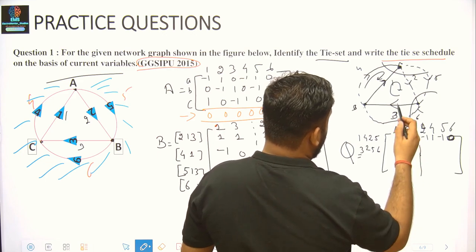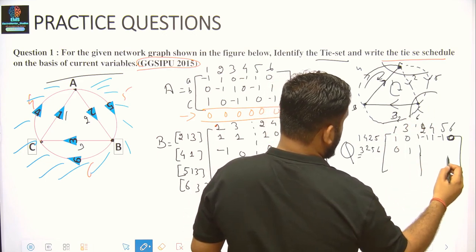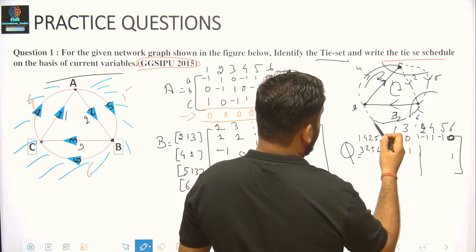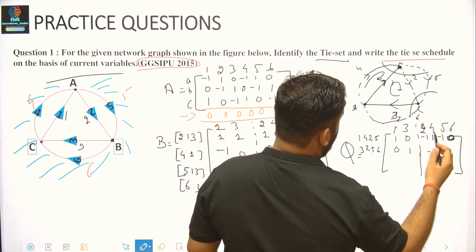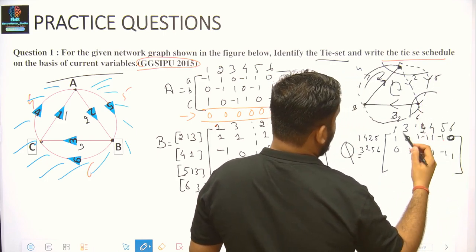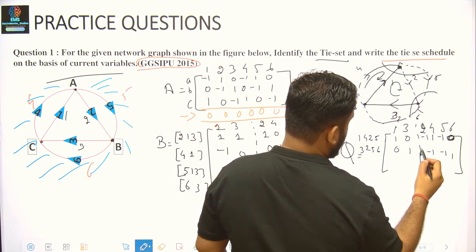Again, for this point, 3 is outgoing, 6 is outgoing, then 2 is incoming, 5 is incoming, and 4 is not connected to it.